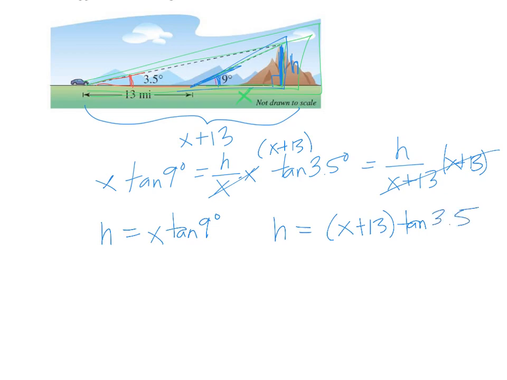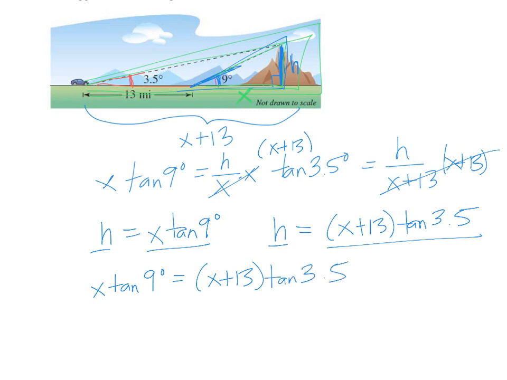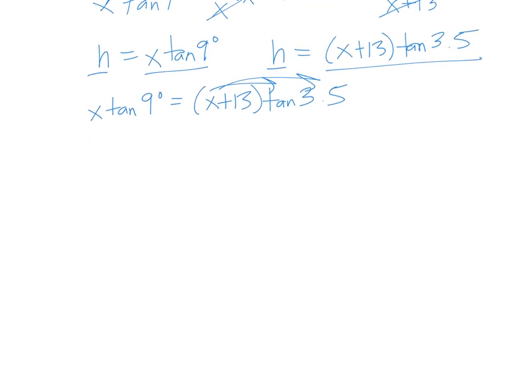Now I have h isolated in both equations, so I could set the expressions equal to each other. Now my goal is to isolate x. So here I'll distribute. It's not that difficult, just apply simple algebra.